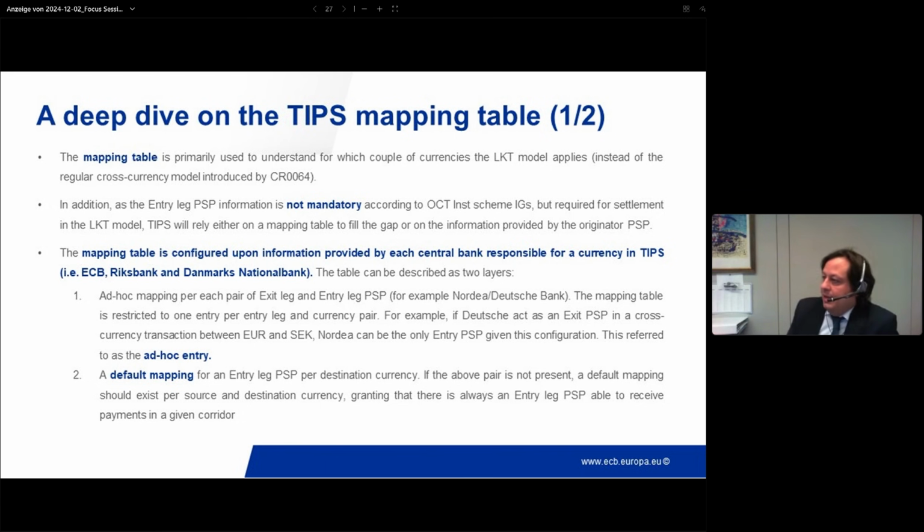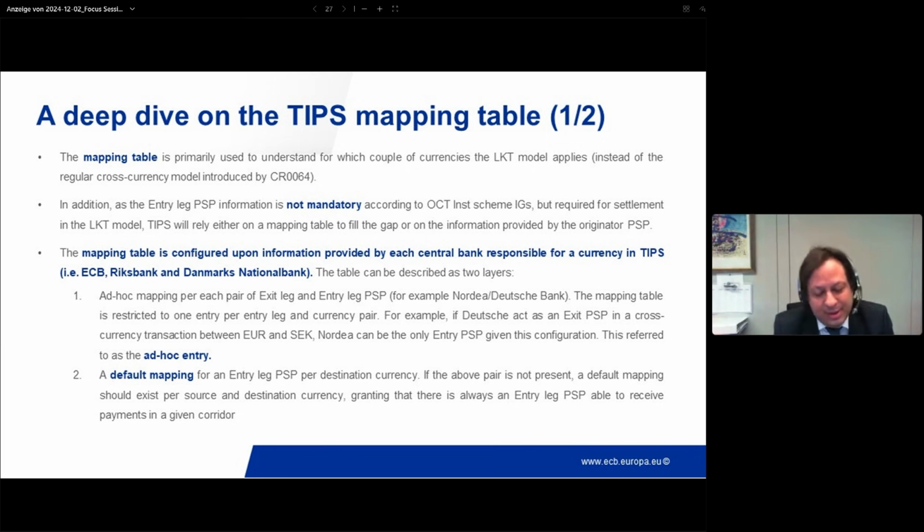And in very simple words, this is a kind of mapping table that is going to be introduced in TIPS, just to make sure that whatever is not present at the level of the messages can be derived from the mapping table in order to, let's say, bridge the gap between the two systems.